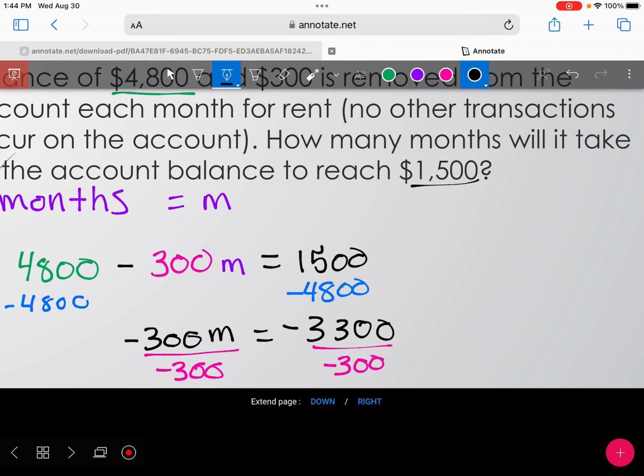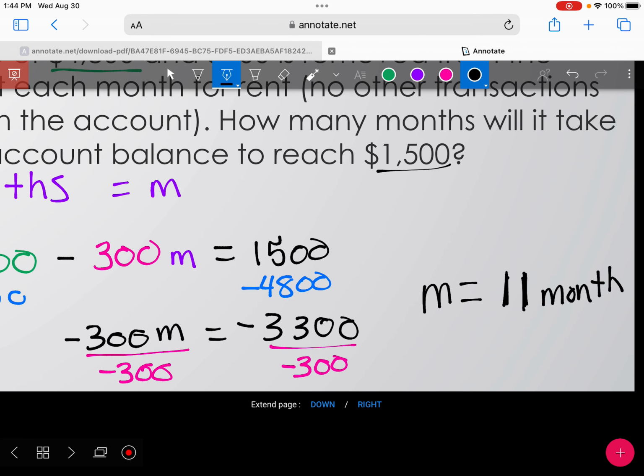So what does our m equal? It's like not 300. Our m equals 11. 3,300 divided by 300. So what does that mean? 11 what? 11 months until they reach 1,500. So it's 11 months. There we go. There's an S. I can fit it in.